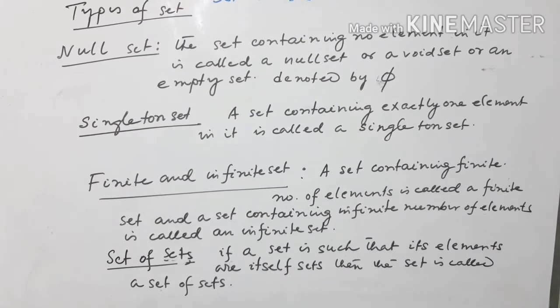Now we shall discuss different types of set. Number 1, null set. A set containing no element in it is called a null set, or a void set, or an empty set. It is denoted by phi.